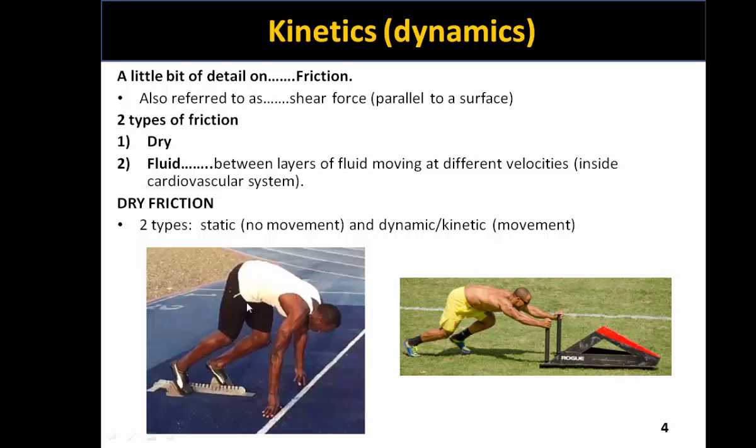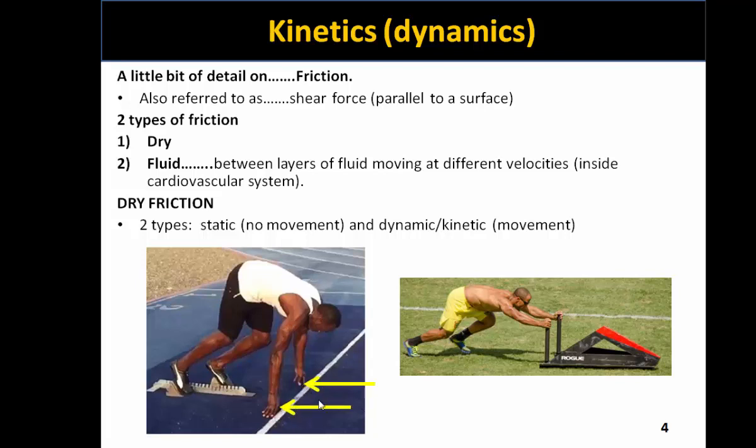So if we take a look at the situation here on the bottom left of the slide, we see a runner in the set position for, in this case, it looks like a 100-meter dash. This person in this position is not moving because the starter's pistol didn't go off yet. But being in a static position, this athlete is able to do that because of the friction between his fingers and the track.